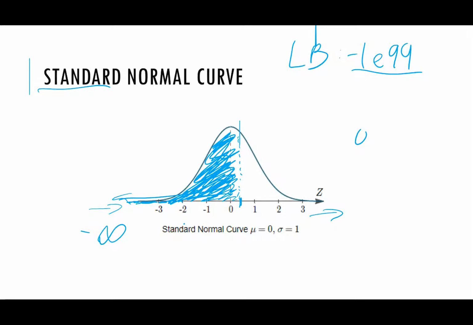Basically, you're choosing a number so small that the calculator will practically think it's negative infinity. Your lower bound would be negative infinity and your upper bound would be 0.43. Since it's standard normal, the mean is 0 and the standard deviation is 1. You type those in and the calculator will give you the probability.